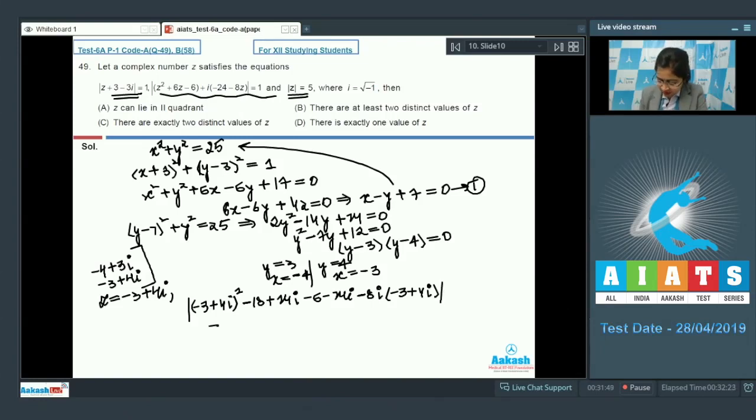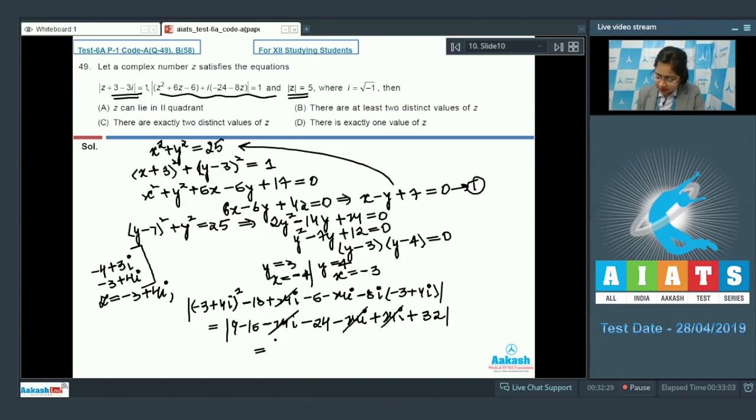Its modulus. Further it is equal to modulus of 9 minus 16 minus 24 iota, that is cancelled with this one, minus 18 minus 6, that is minus 24, minus 24 iota plus 24 iota minus 32 into iota square, that is plus 32. So these two will also get cancelled.